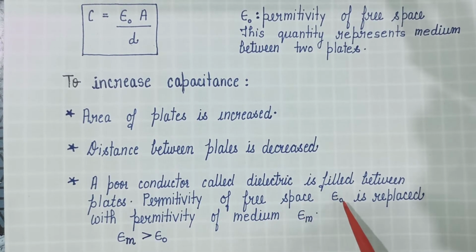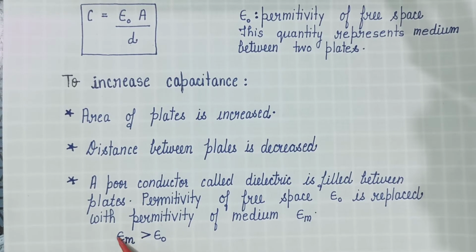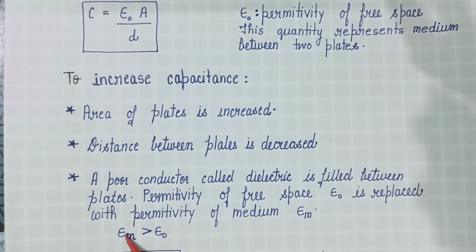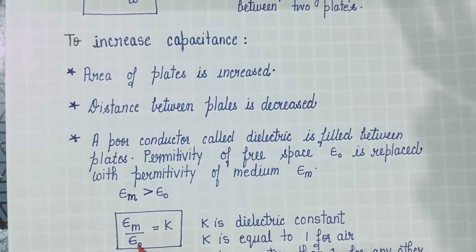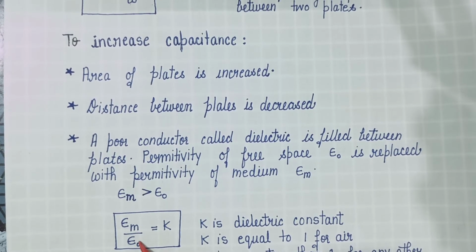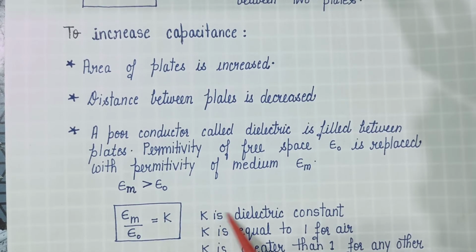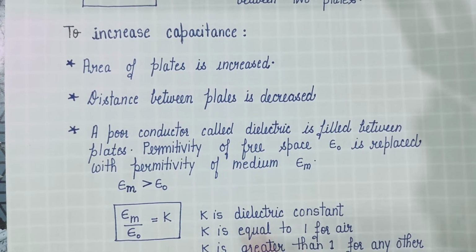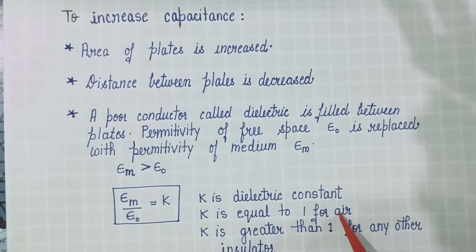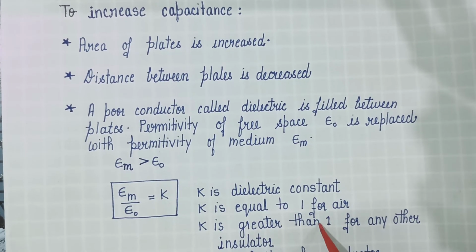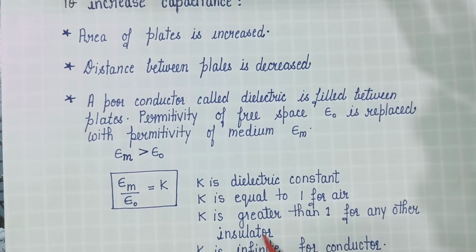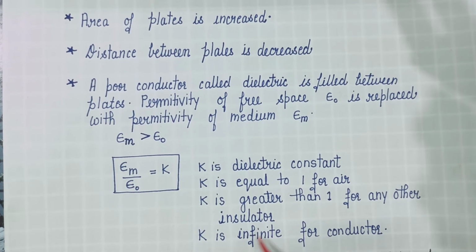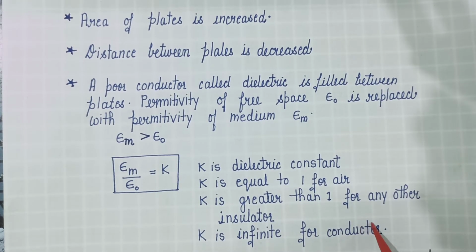The permittivity of free space epsilon naught is always less than the permittivity of that medium, and the permittivity of the medium divided by the permittivity of free space is a very important quantity called relative permittivity or dielectric constant. The dielectric constant is 1 for air, and it is always greater than 1 for any other insulator, and it is infinite for conducting material.